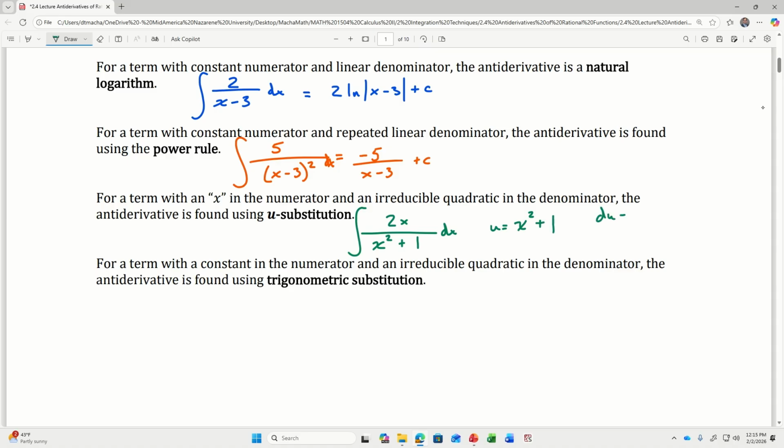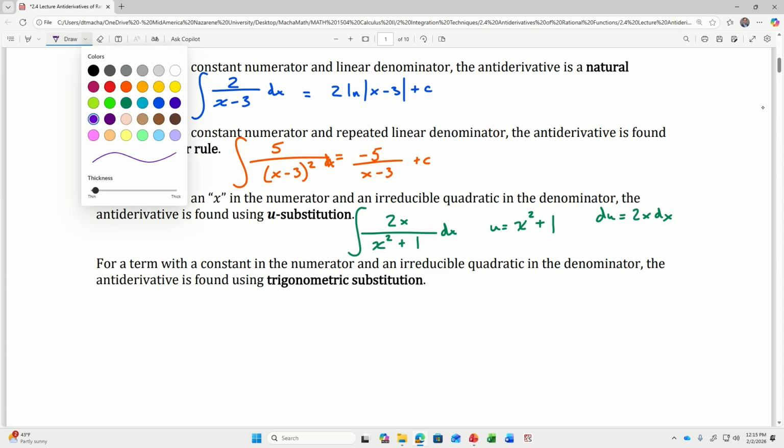Then the du is the same thing as 2x dx. So when I see 2x dx, I can replace it with the du, and I get 1 over u, and I can take the natural log of u and then plug in the u and everything, and it works.